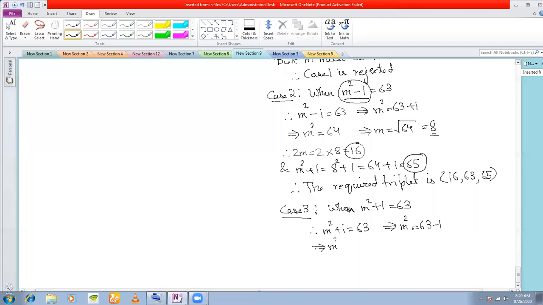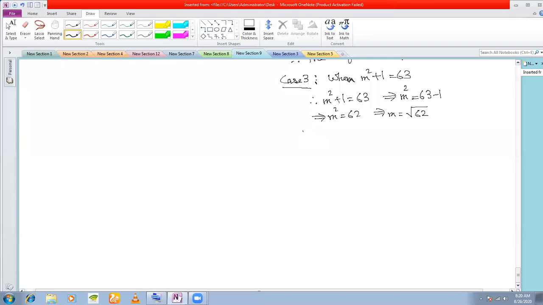That means m square is equal to 62. That means m is equal to square root 62, which is not possible because m must be a natural number.